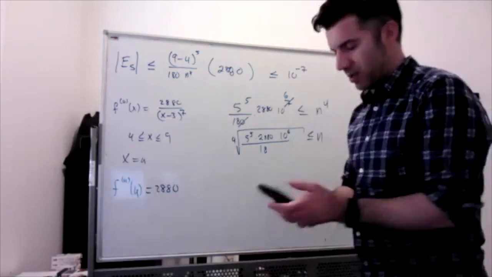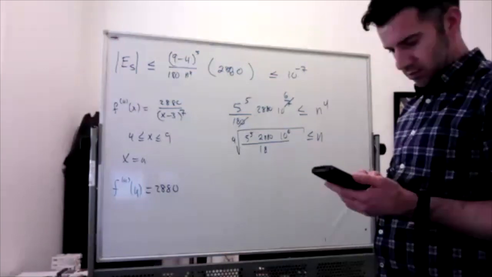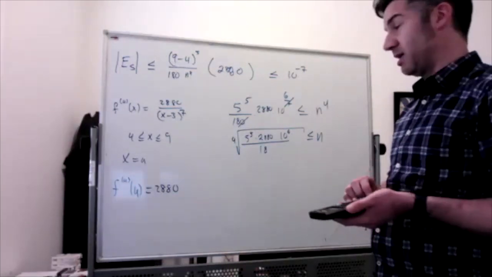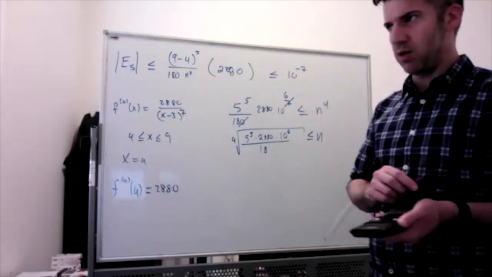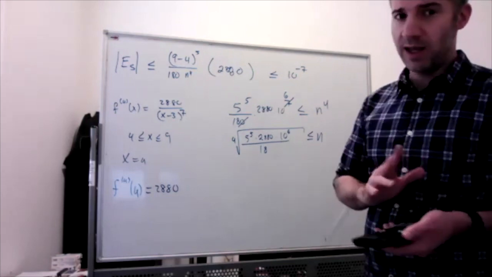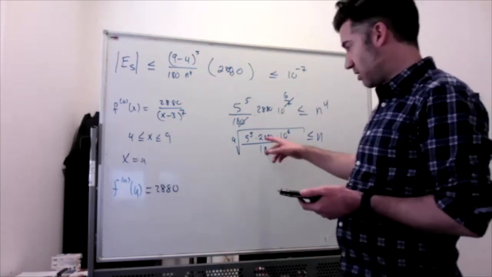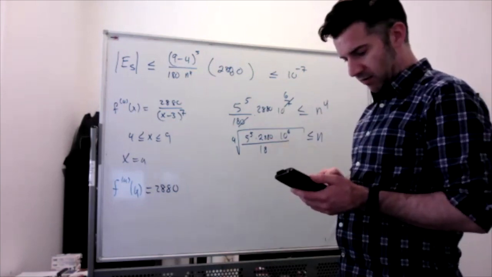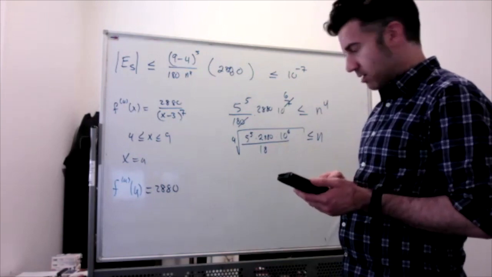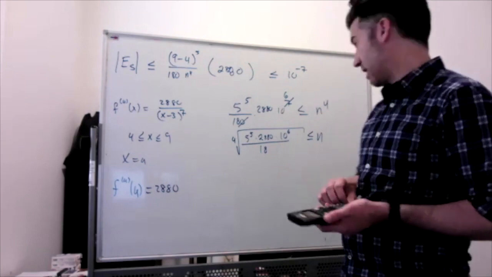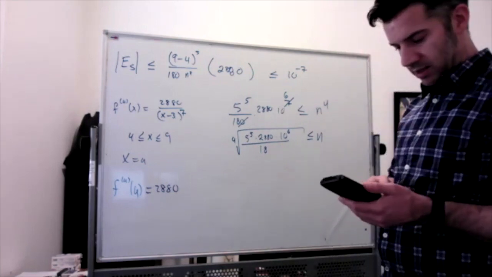So 2,880 divided by 18 is 160. It's looking pretty, like this is going to work out nicely. So let's see, 160 times 5 to the 5th, that's 500,000 exactly, times 10 to the 6th.